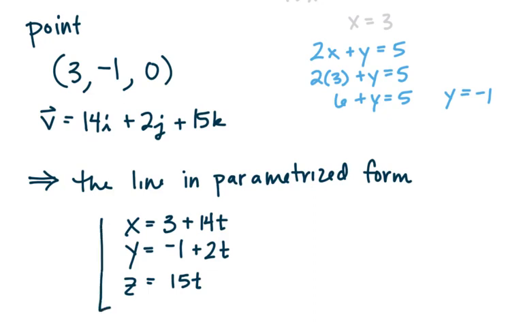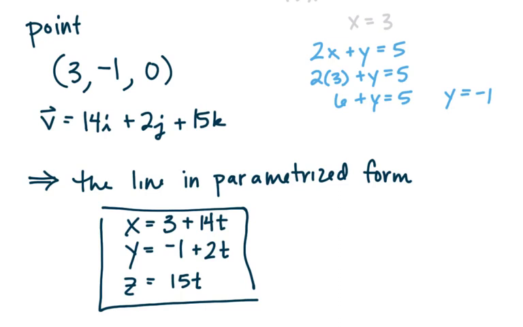This is our solution. These are the parametric equations for the line of intersection of the two planes. So remember, z equals 0 was an arbitrary choice. We could choose any easy value to deal with, and different choices are going to give us different parametrizations for the same line.